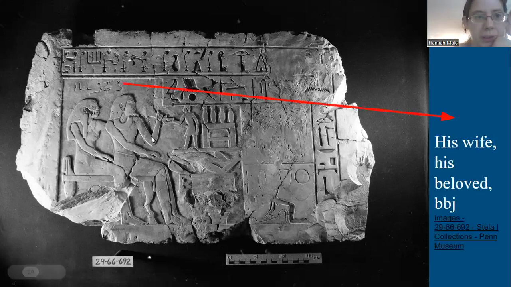So her name is BBJ, so Bebi or some pronunciation like that. So these hieroglyphs probably relate to the husband, at least in part, and may give at least one of his titles that he held in life.